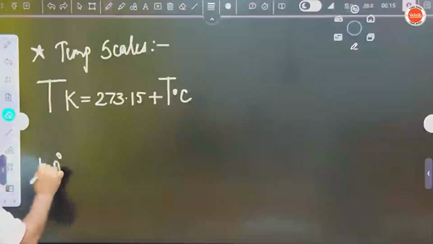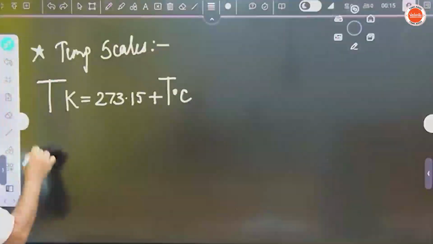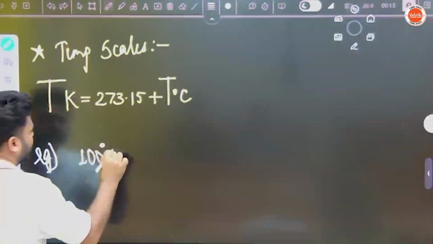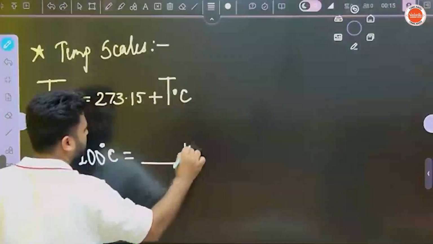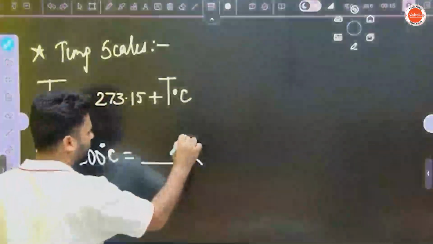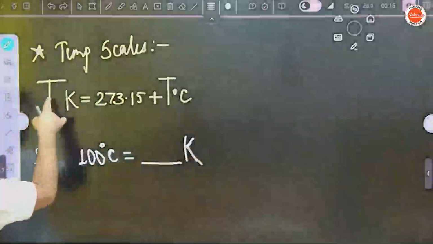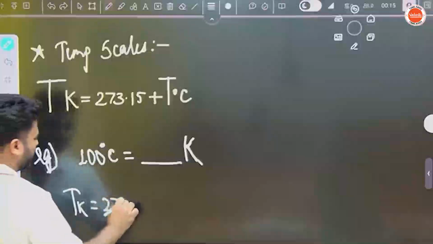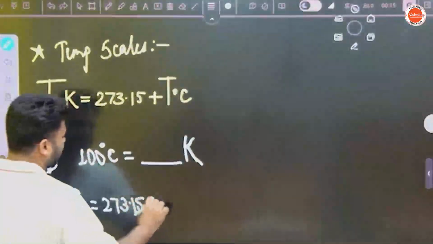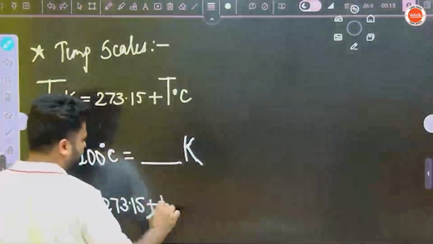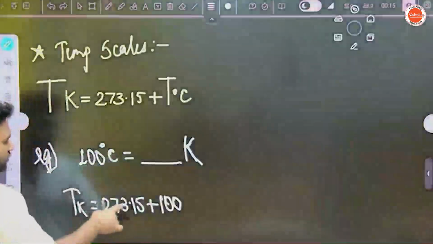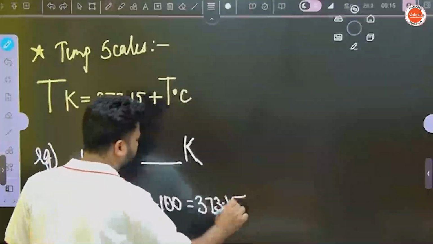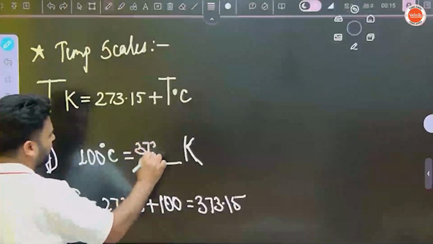So suppose someone gives you this example: 100 degrees Celsius is equal to how many Kelvin? If you want to find the temperature in Kelvin, temperature in Kelvin equals 273.15 plus temperature in degrees Celsius, which is 100. So 273.15 plus 100 is 373.15 Kelvin.